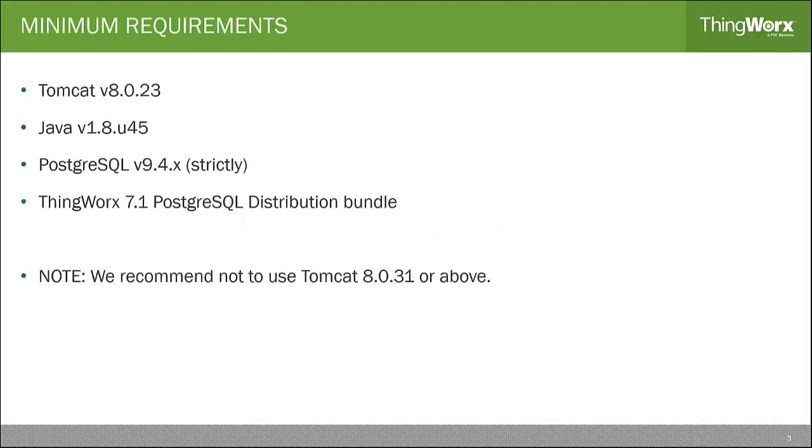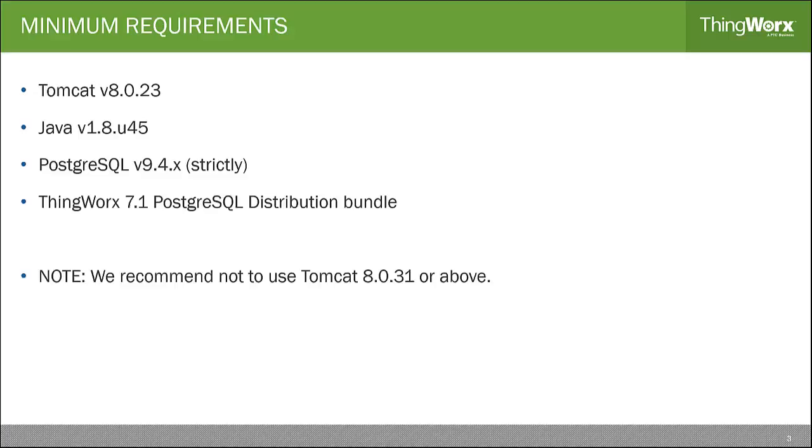The minimum requirements for the setup are Tomcat version 8.0.23 and Java version 1.8 with update 45 or above, PostgreSQL version 9.4. Yes, you are right. We don't recommend using version 9.5 at this moment.